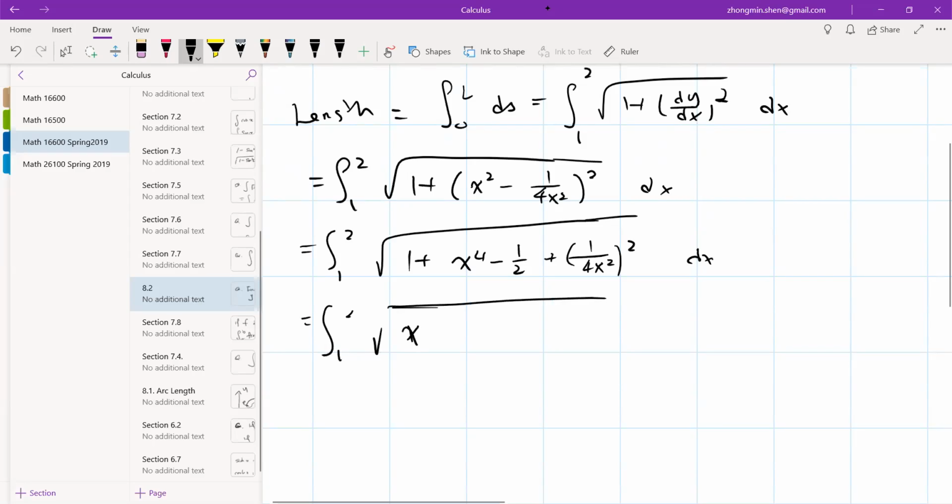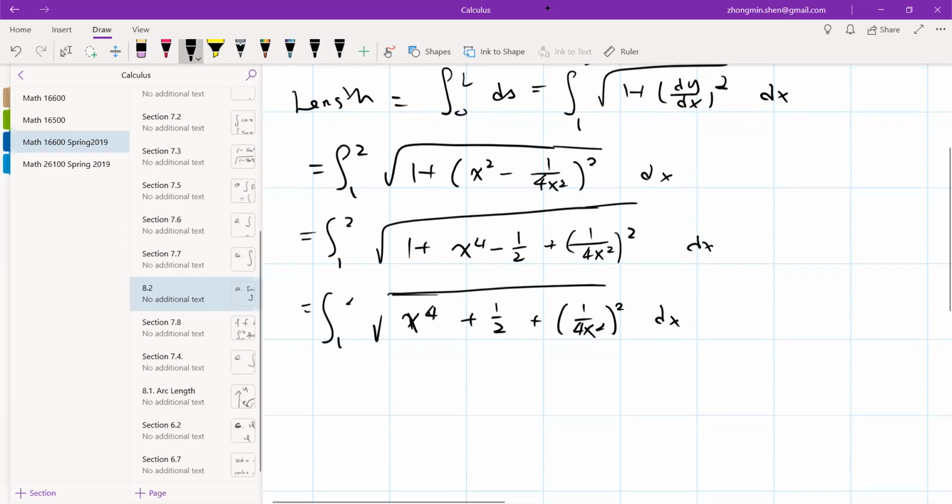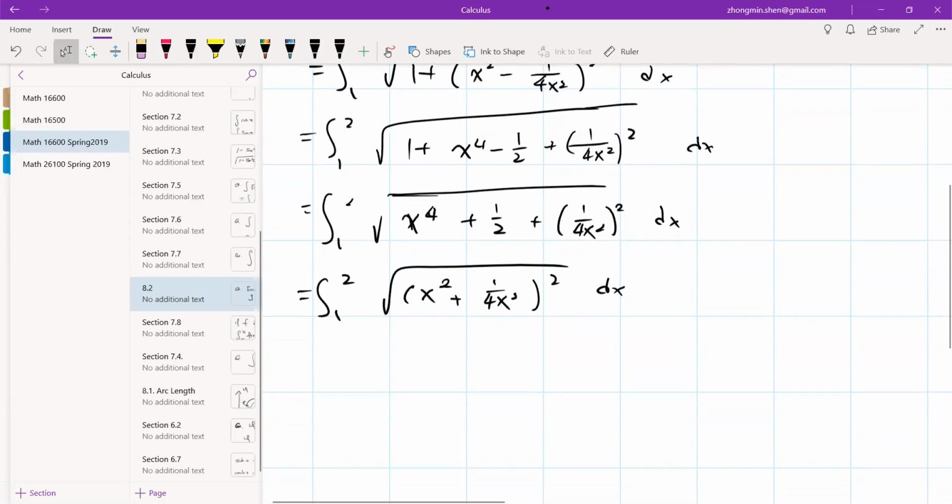So it's x to the 4th plus positive 1 half, plus the other term. You should see that this is the square of a similar function, x squared, with plus instead of minus, so it's x squared plus a quarter of 1 over x squared. Then you can get rid of the radical and you get the integral of x squared plus a quarter of x to the negative 2, dx.